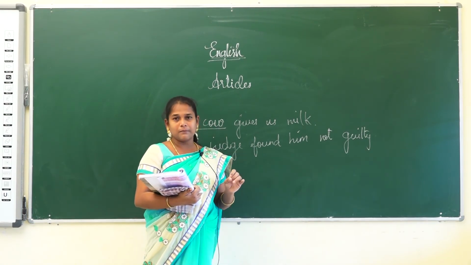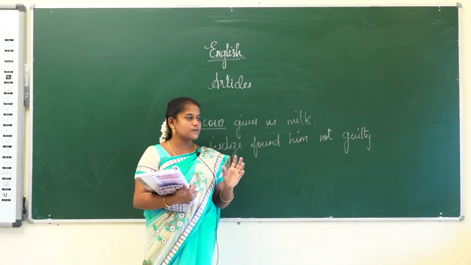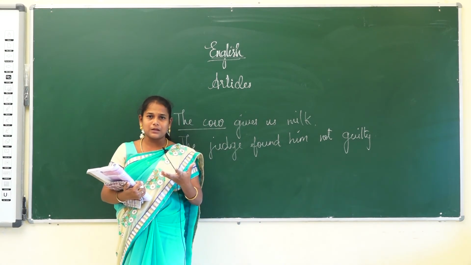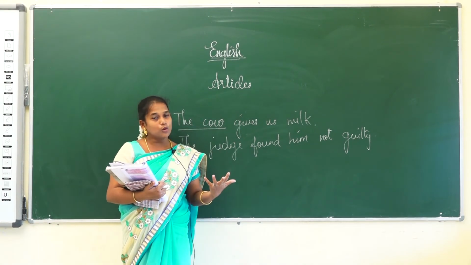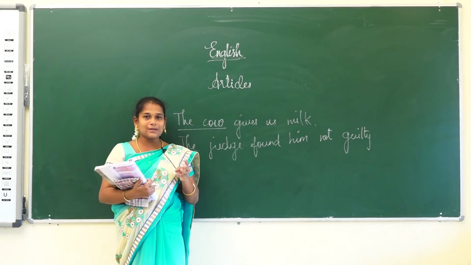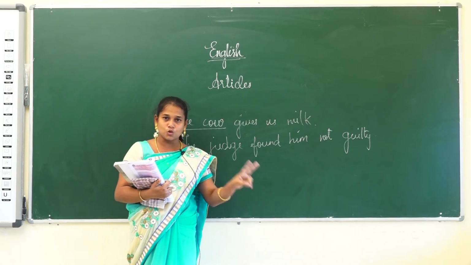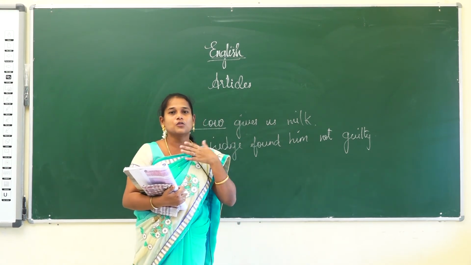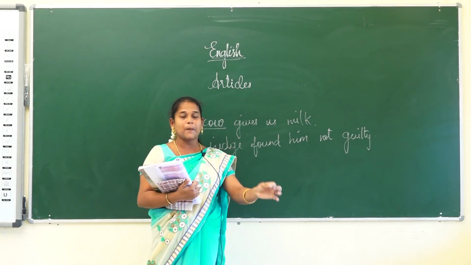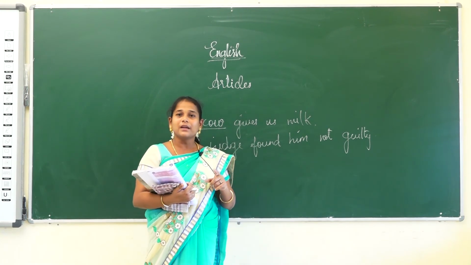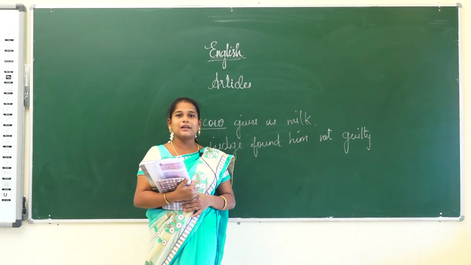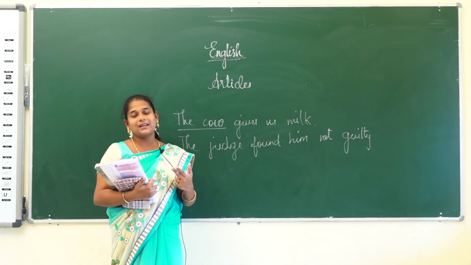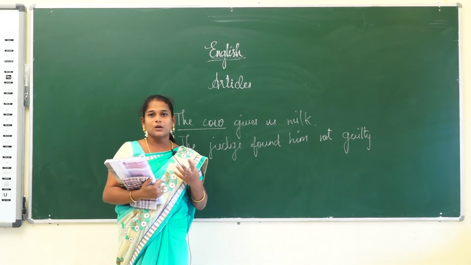A countable noun we can count in numbers. We can say I have 10 apples, I have 20 chocolates, I have 3 books, I have 2 pens. We can count the noun: 2 pens, 10 apples, 20 books. We can count in numbers, that is called a countable noun. In some cases we can't count. We can't say "I need 2 rice". We can say "I need 2 bowls of rice" or "2 plates of rice".